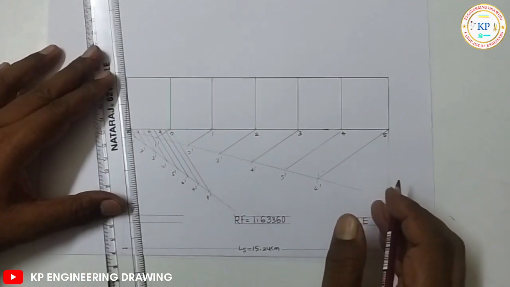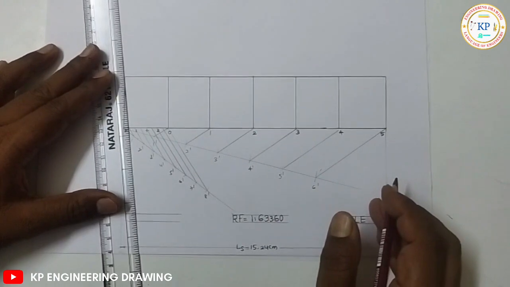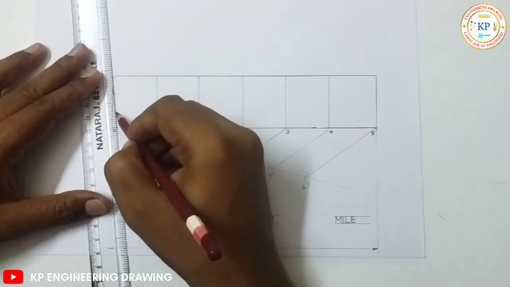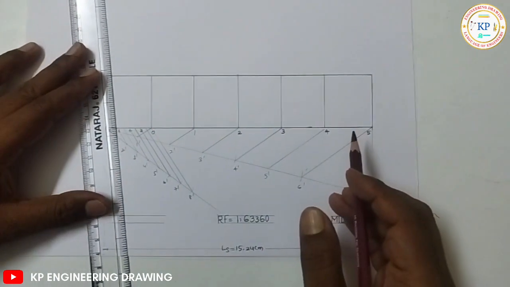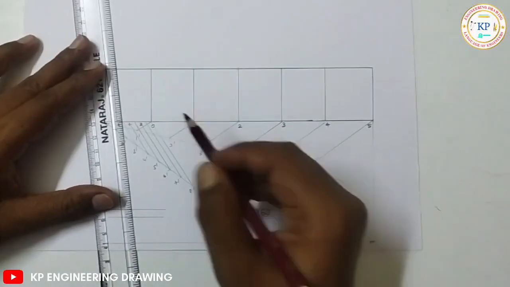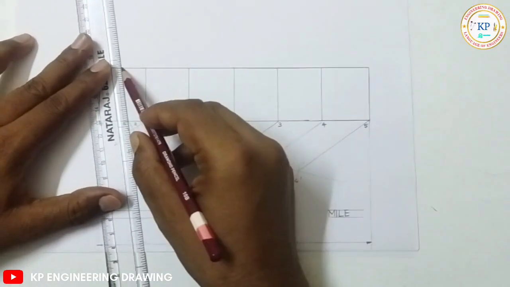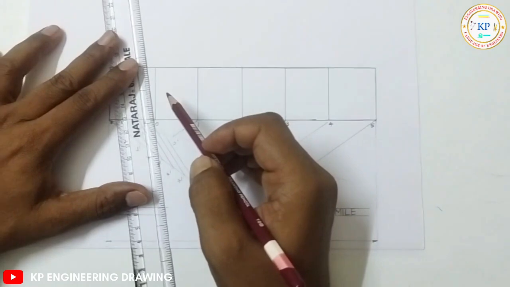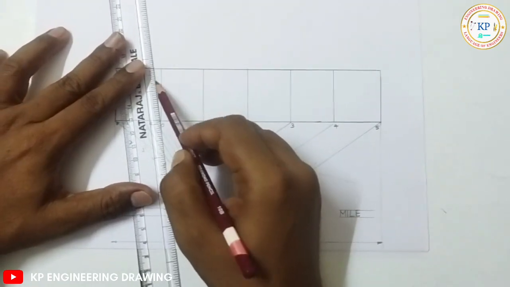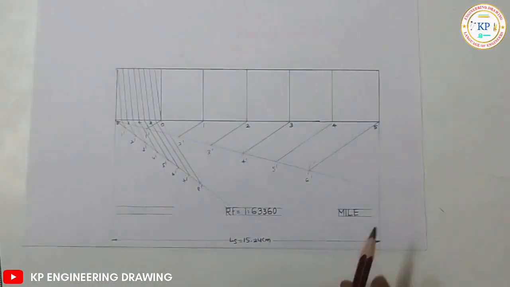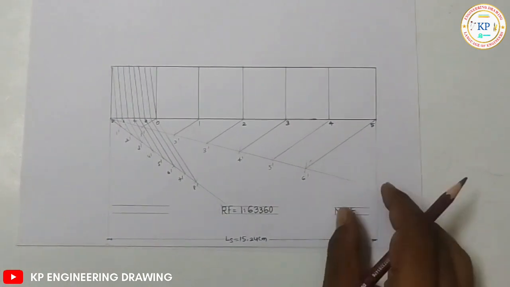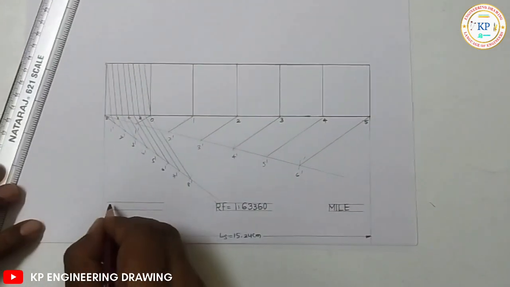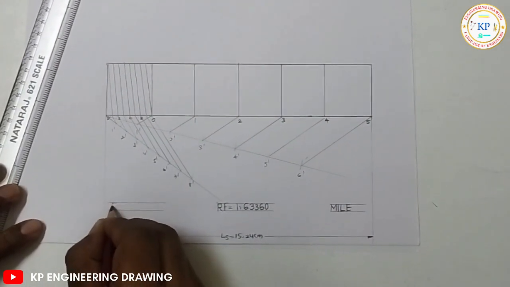So 8th, 7th point and end point. Fix your drafter, move to the next point. Right? So we have drawn 8 equal parts. So this is the furlong scale.